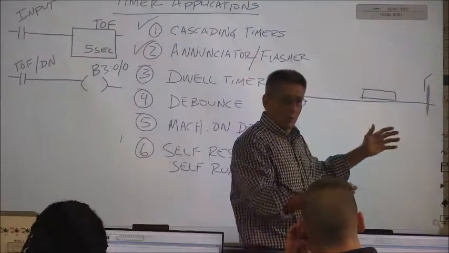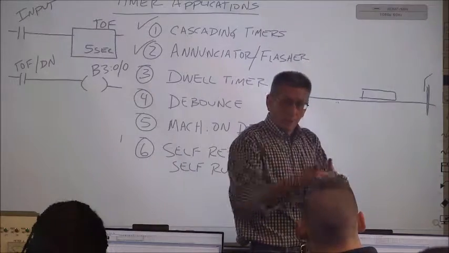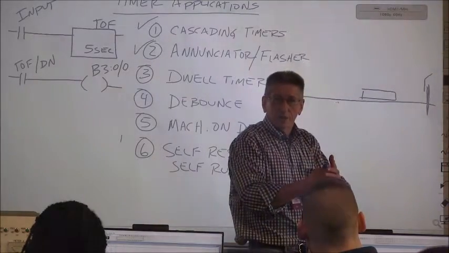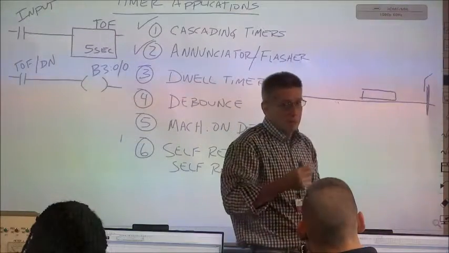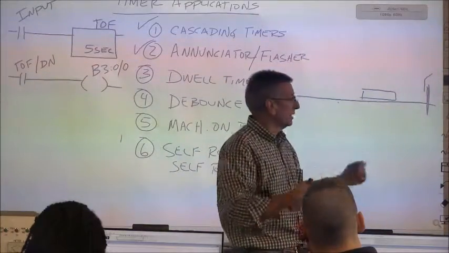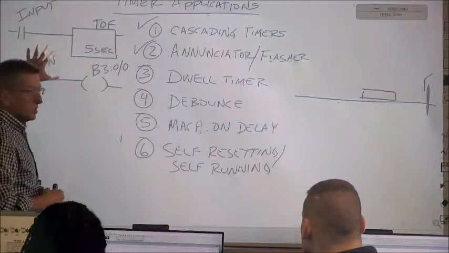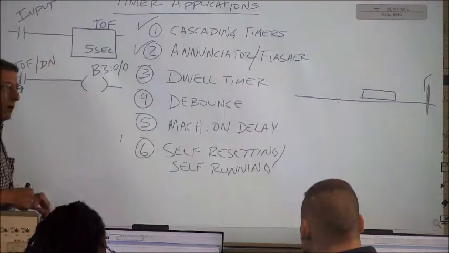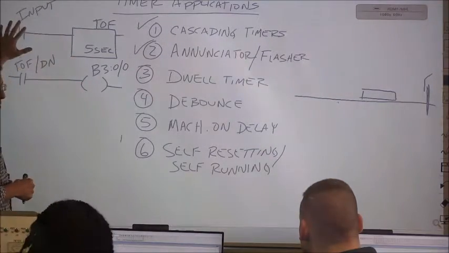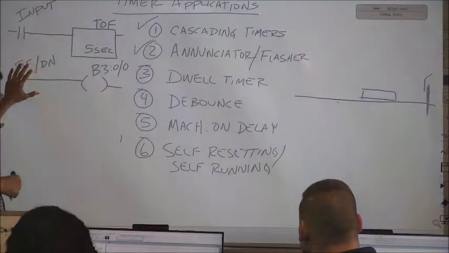It's a big steel part running down a conveyor. You think it's gonna have some kind of inertia where it's gonna bounce a little bit once it gets to the end? Yeah, probably. We might not see it, but it's gonna happen so quick. So what we do, we put some debounce on that switch. That makes sense? That way that switch doesn't have to be made for 5 seconds in this example and still be good to go.